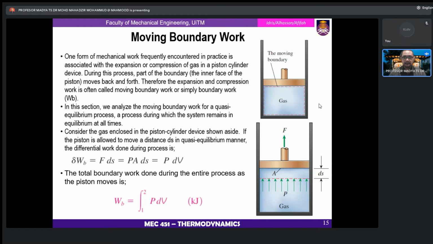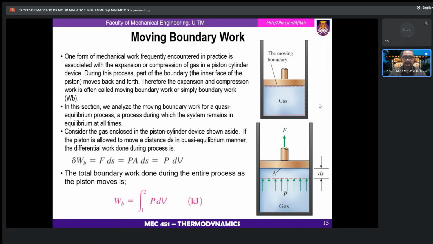So when you want to analyze this moving boundary work for a quasi-equilibrium process, the process during which the system remains in equilibrium at all times. Okay, let's see the figure at the right.